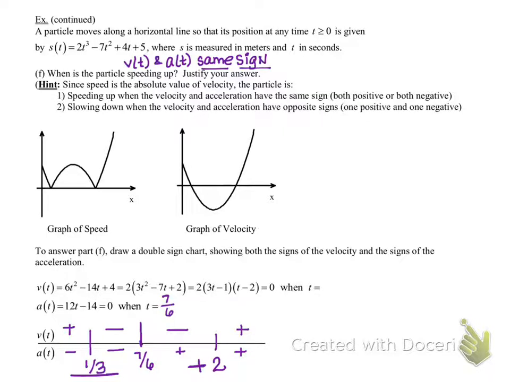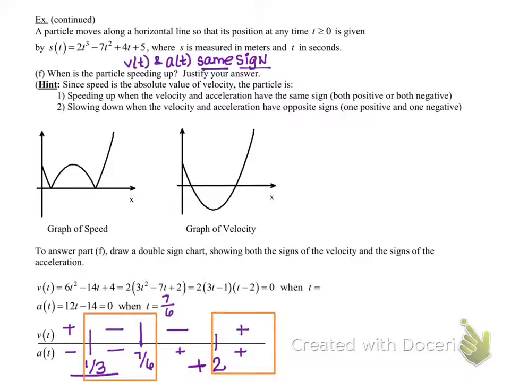They match when t is bigger than 2 and when t is between 1/3 and 7/6. Some people get really tripped up on the negative sign, but that's not what you're looking at. You're only looking at when they are the same sign. So they are the same sign between 1/3 and 7/6.